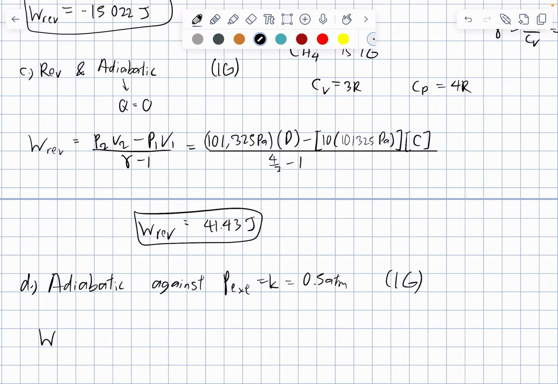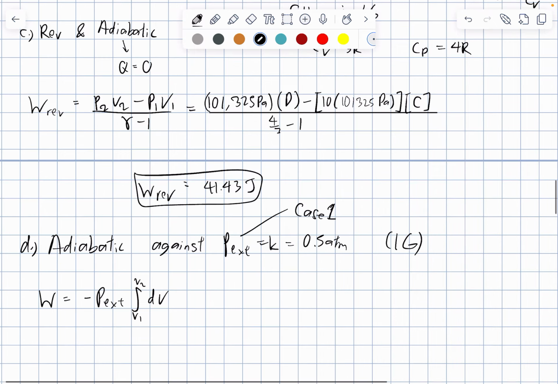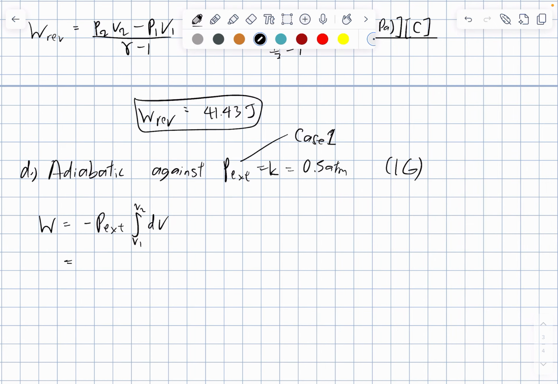Okay, so for the work in this scenario, since P external is constant, this is case 1 of moving boundary work. So that's gonna be negative P external, and then integral from V1 to V2 of dV. Yep, sounds about right. And then negative 0.5, just substitute.